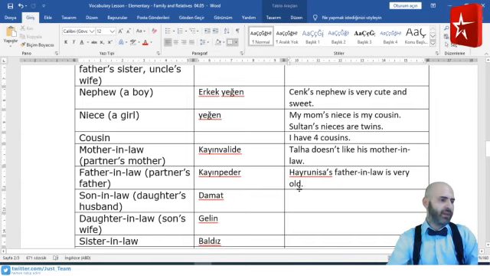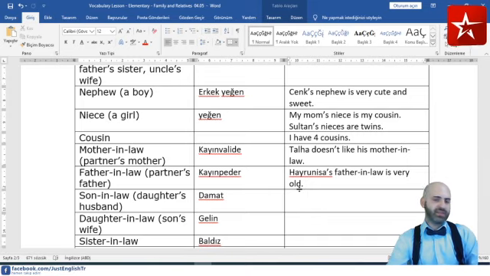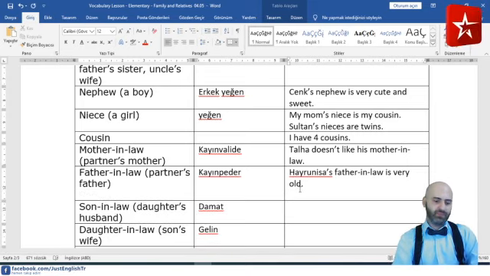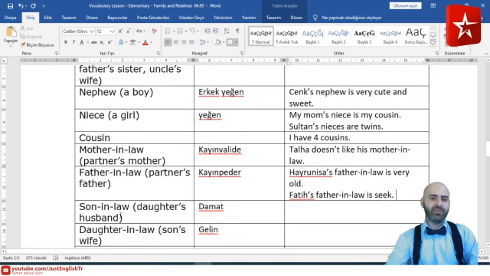We have another example from Fatih. My father-in-law is sick. Okay, we can write Fatih's father-in-law is sick. Guys, can you give me an example for son-in-law or daughter-in-law?